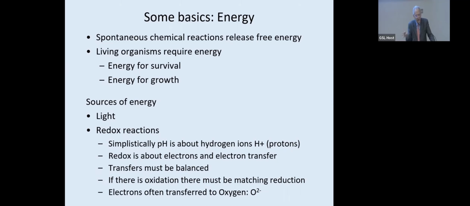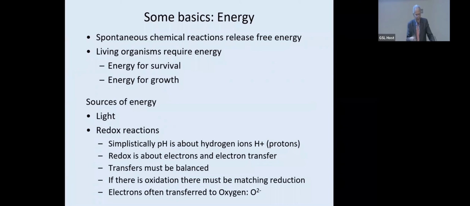Redox is about electrons. And if you think of H+ is just a proton, we're thinking about the electron. So we're thinking, if you like, of the other side of this pair, proton, electron. And redox is all about this electron transfer.